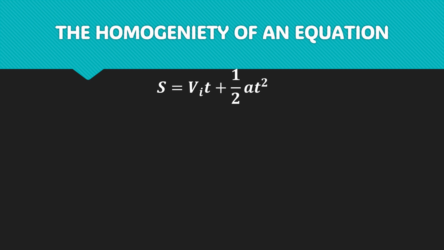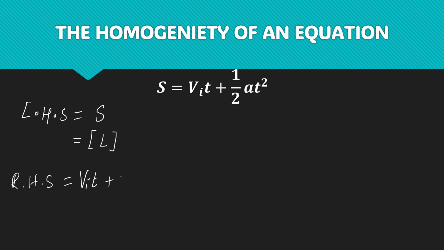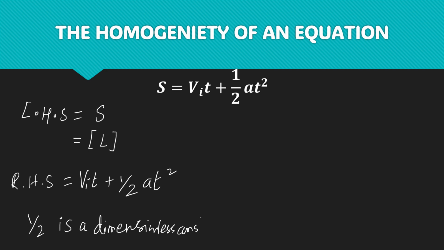The left hand side contains the displacement, and we know that the dimension of displacement or distance is L. On the right hand side it's vit plus half at square, and half is a dimensionless constant, so we can omit it.